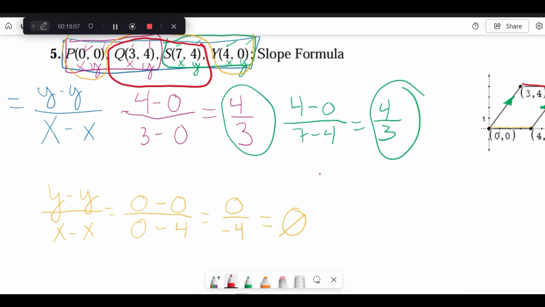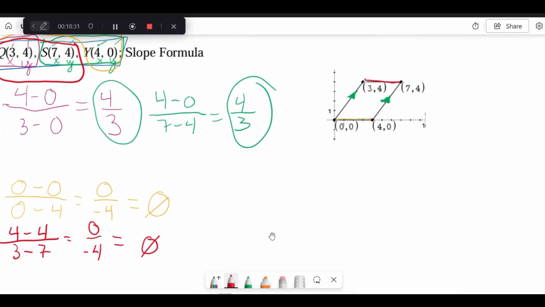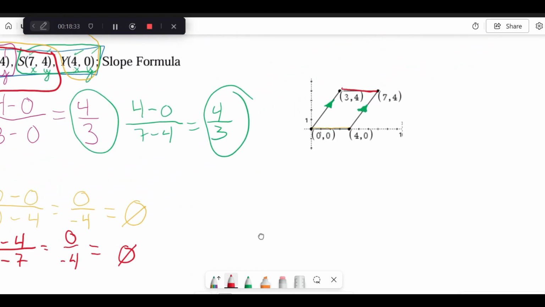So that'd be 4 minus 4 over x minus x, 3 minus 7, which is equal to 0 over negative 4, which is equal to 0 again. So what we just proved is that this one has a slope of 0.